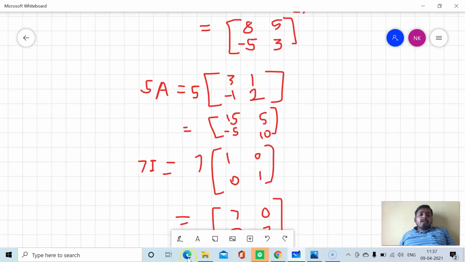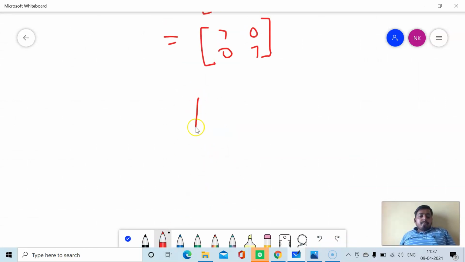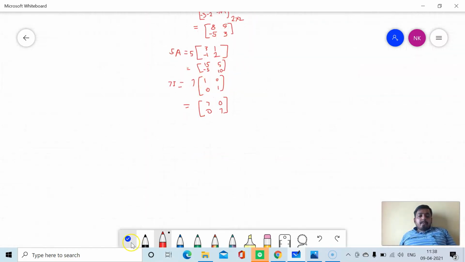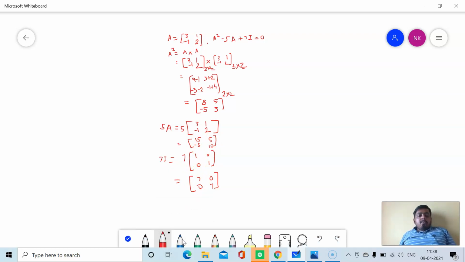So these are the three terms. A square is 8, 5, minus 5, 3. 5A is 15, 5, minus 5, 10, and 7I is 7, 0, 0, 7. Now you have to add A square minus 5A plus 7I.